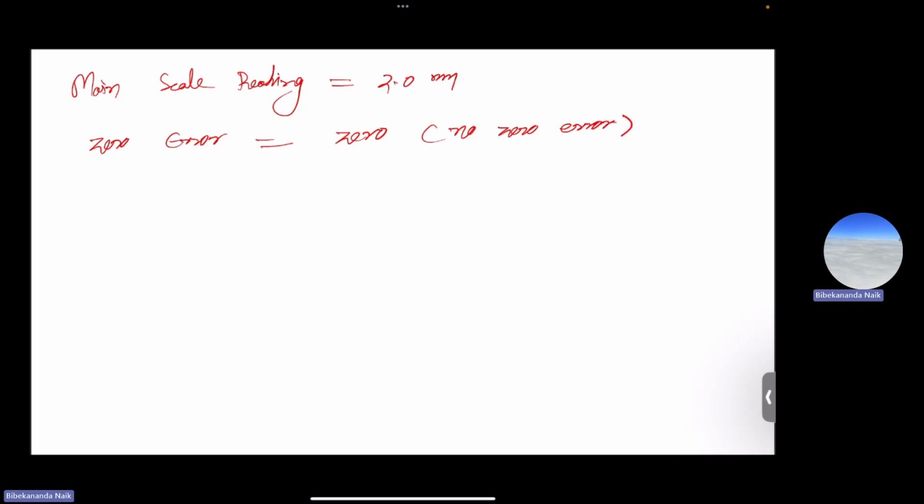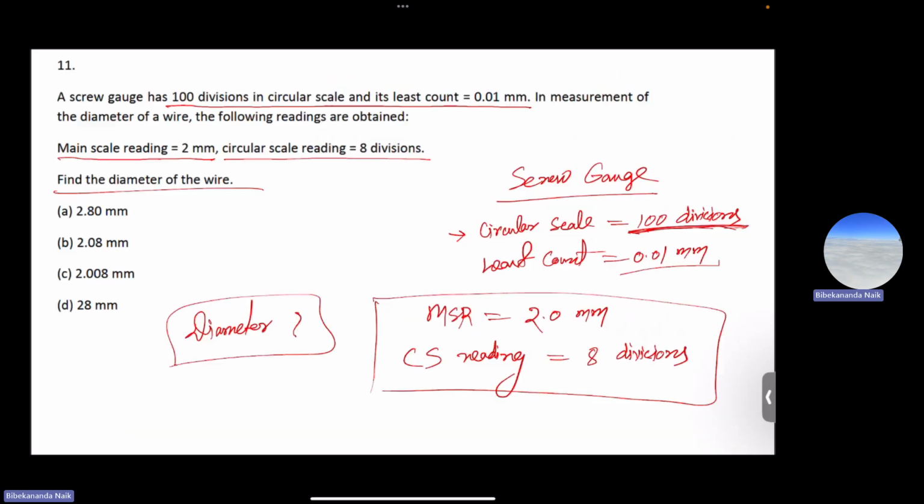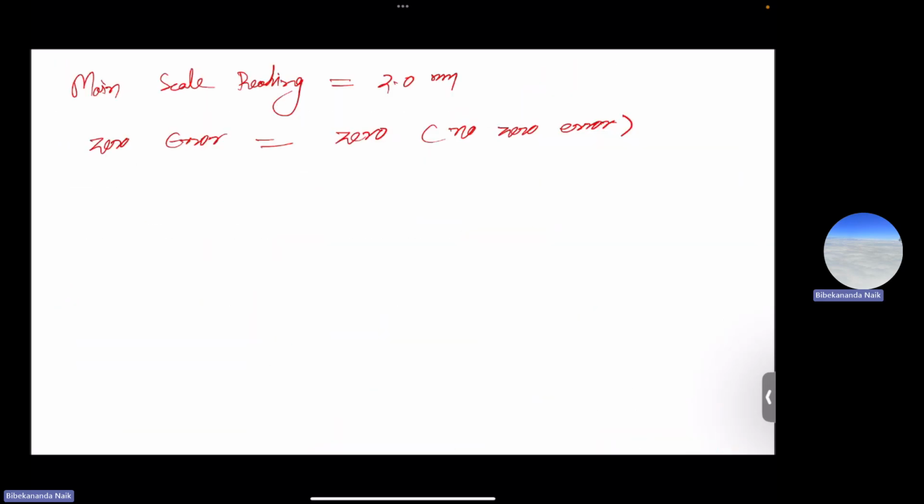Again, what is the circular scale division? In the circular scale it had 8 divisions. Circular scale divisions, it's 8. We know the least count. The least count is 0.01 mm.